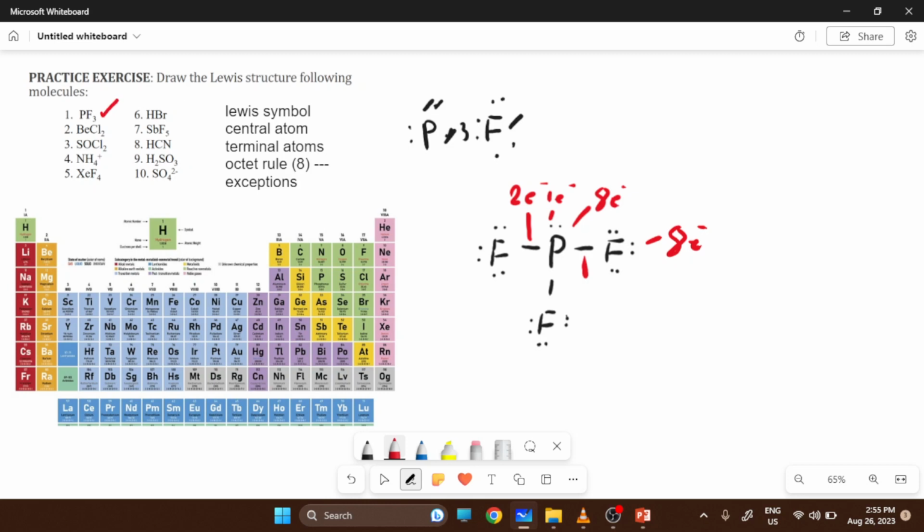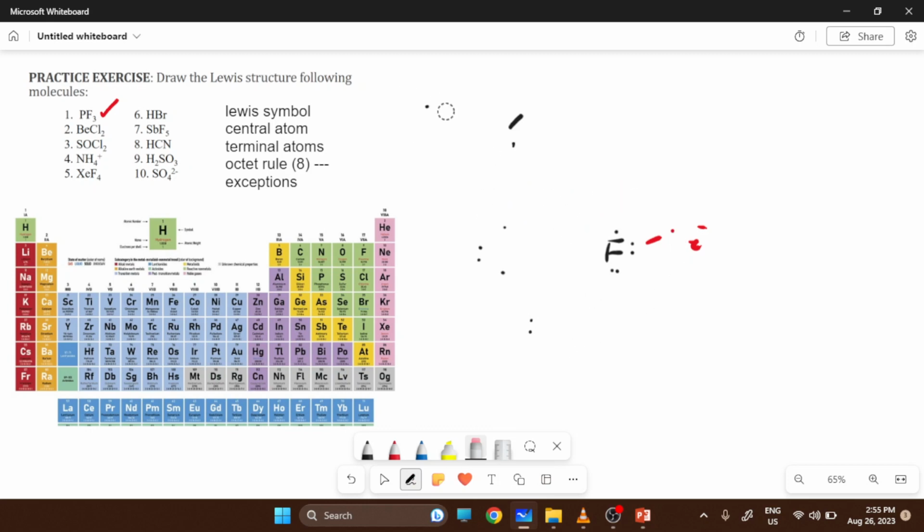Next is number 2, beryllium chloride. What are the atoms? Beryllium, which is group 2, so 2 Lewis dots. What about chlorine?